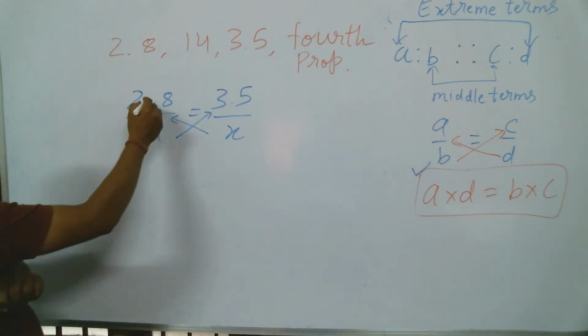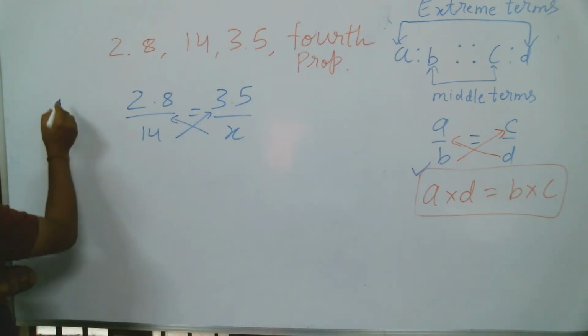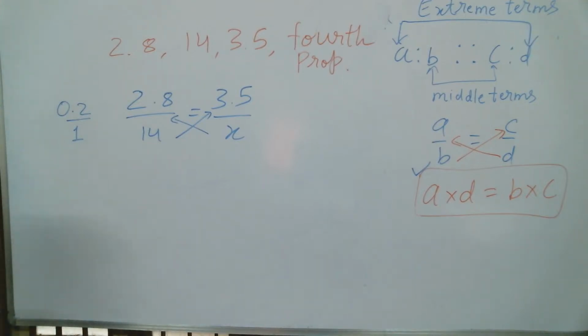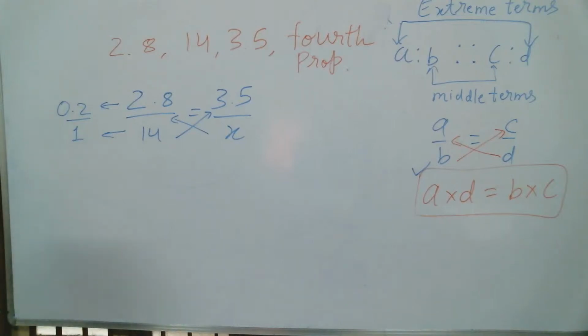You may remove this decimal here. And you know it is the double of 14, so this becomes 0.2 to 1. 14 ones are 14, 14 times 2 is 28.